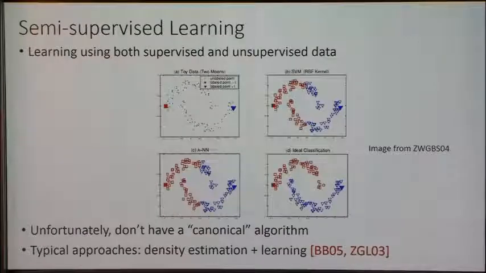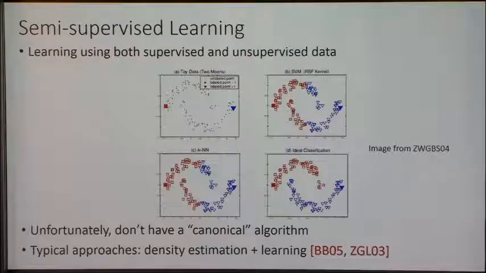And another open problem that I feel is pretty important is differentially private semi-supervised learning. So in supervised learning, we had this very simple, very generic framework of empirical risk minimization. The canonical algorithm was very clear, but in semi-supervised learning, the canonical algorithm is not clear.